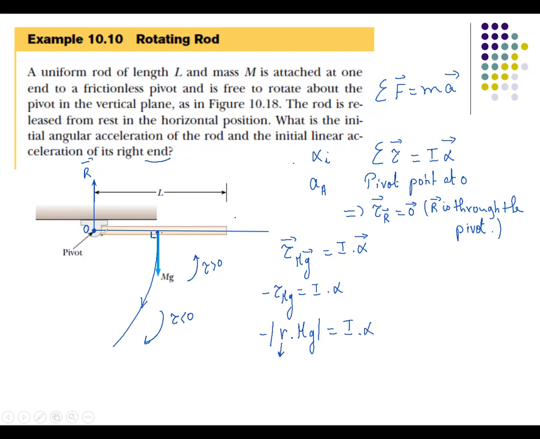Here we have mg and the pivot point. The distance equals L over 2. So we get minus L over 2 times mg equals I times alpha.